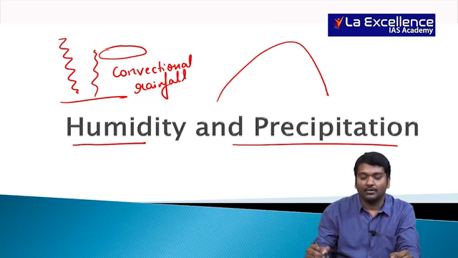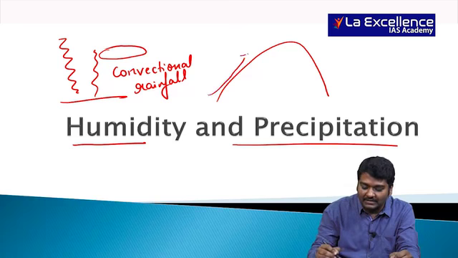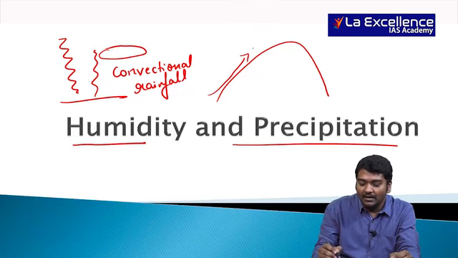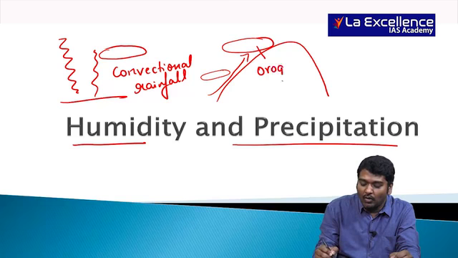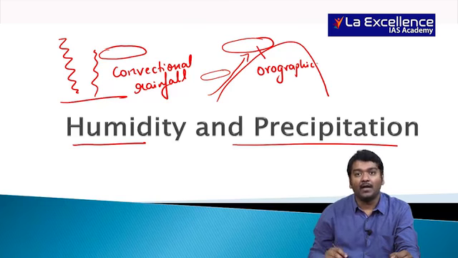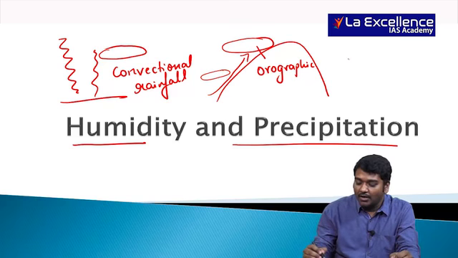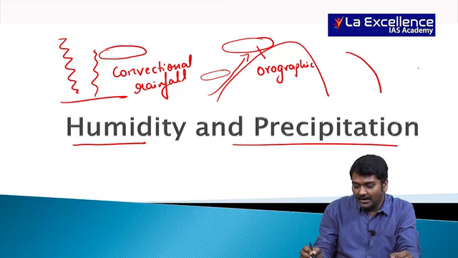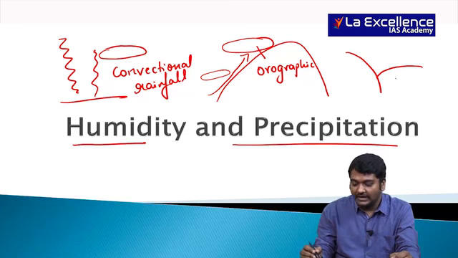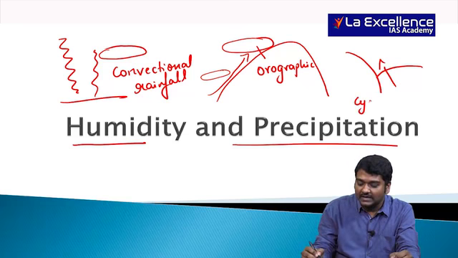If you have a mountain and if the air rises, will the moisture form clouds here? We call it orographic rainfall. And when I am talking about cold front and warm front, that is air rising above, that is called cyclonic rainfall.